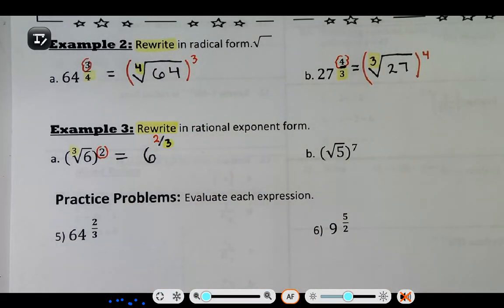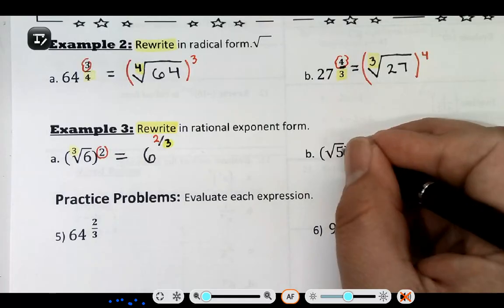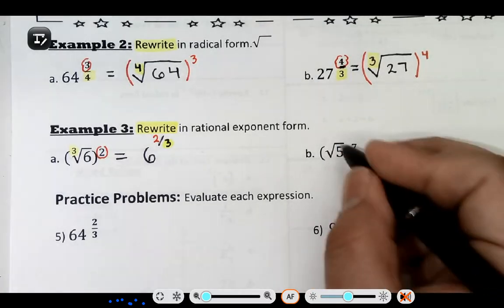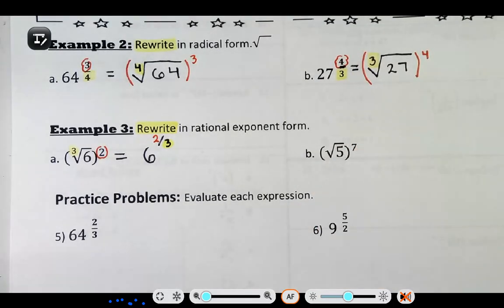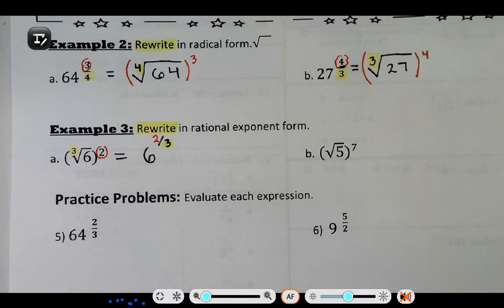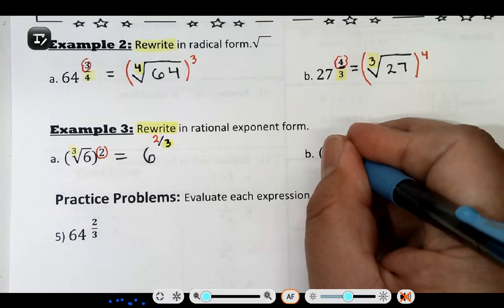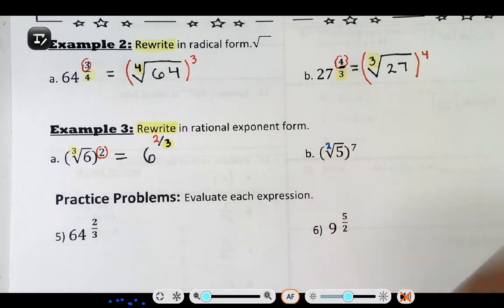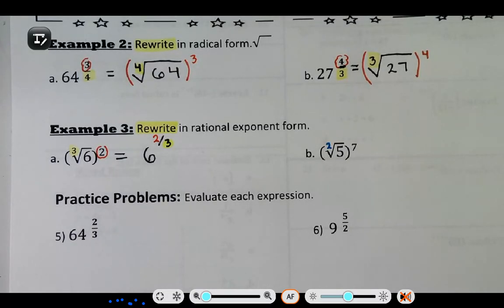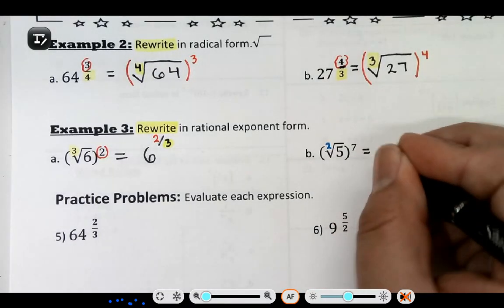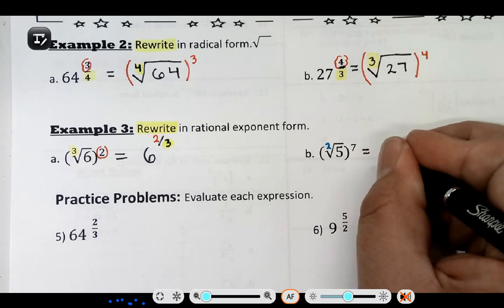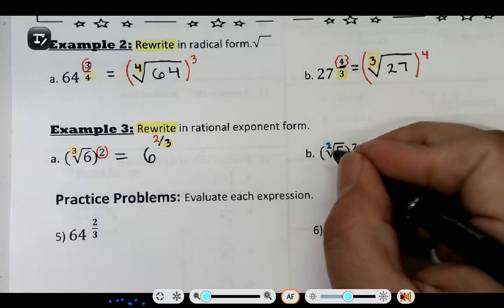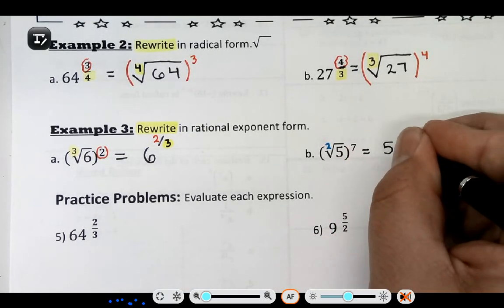No calculator needed. And then there's this one. For this one right here, it says the cube root of 5 is equal to 7. Now, remember, there's nothing here. It's invisible. Don't forget, it's not a 1. In the world of radicals, there is an invisible 2 here. So now I'm ready to rewrite it. According to the rewrite, I'm going to write a 5. That's the base. I see a radical, so I write a fraction.